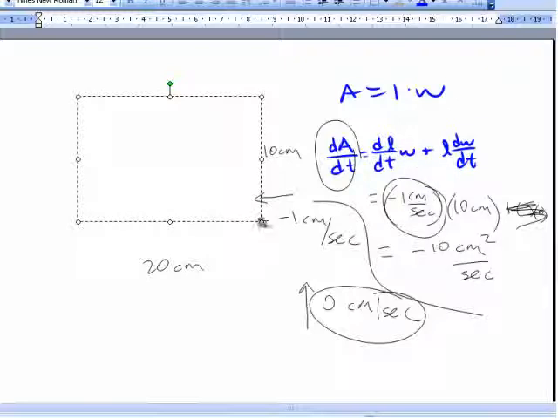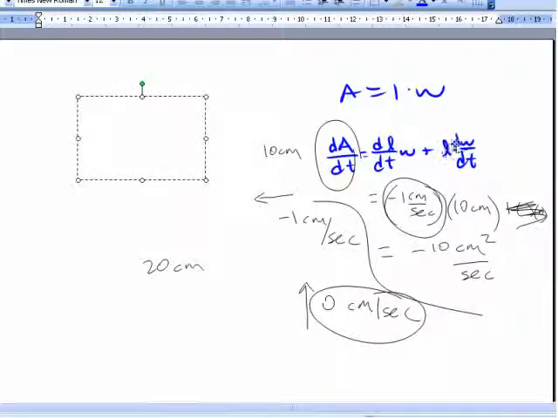At this particular moment, what's the width and what's the rate of change of length? We'd need to involve this because neither one of them is 0 at that point. It would be based on 4 different things: how fast it's changing this way, how fast it's changing this way, and what the actual dimensions are at any given moment. You could sub those 4 values in and get how fast the area is changing.